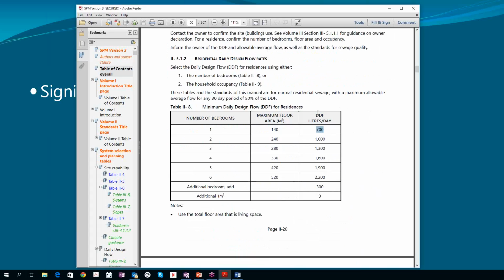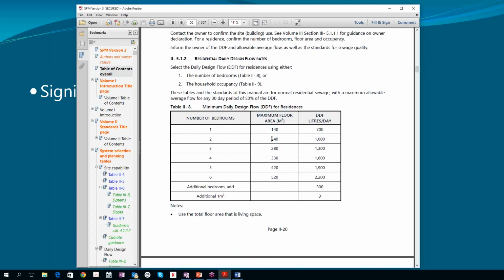The third reason why these are less is because the maximum floor area is much greater. So that column is the threshold after which we have to add a DDF allowance for so-called extra living area.